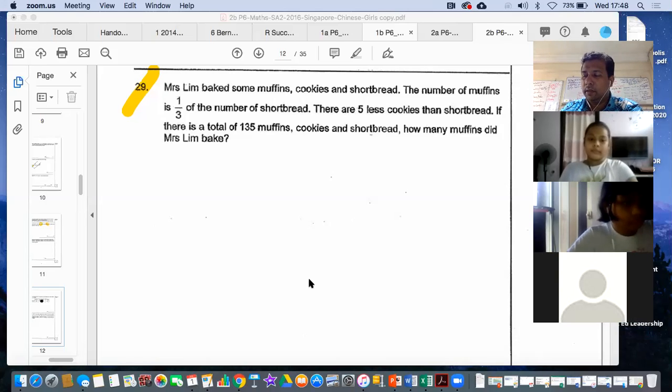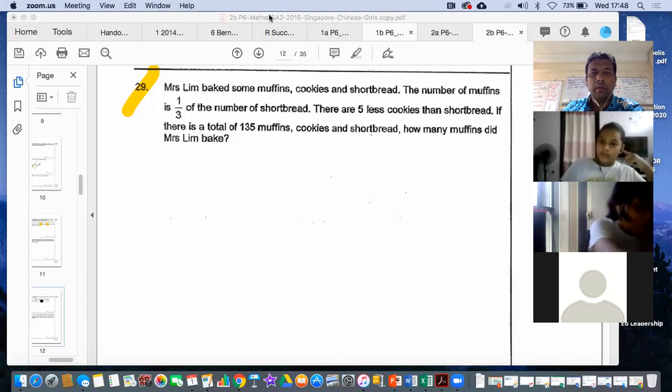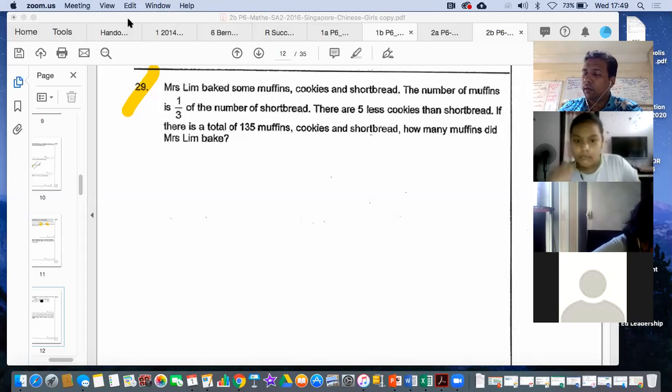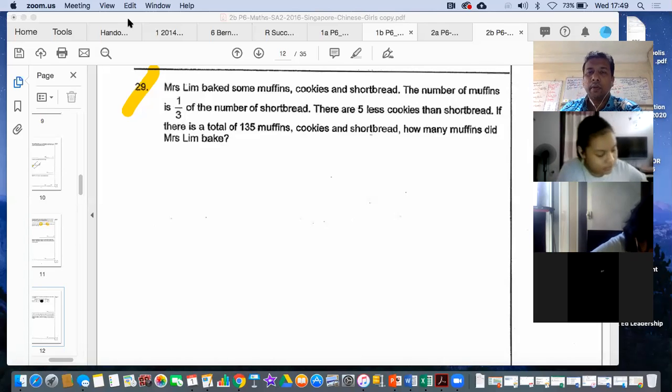It's easy lah. Okay, that means it's easy. If the total items altogether is 135. See, I'm not reading carefully.